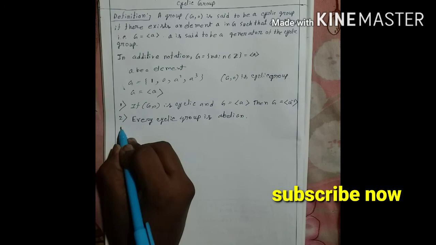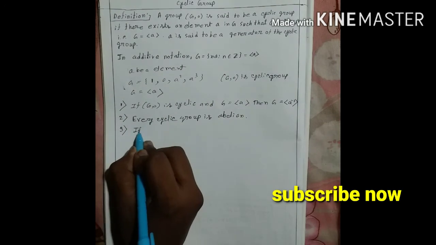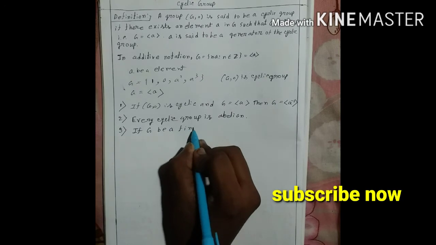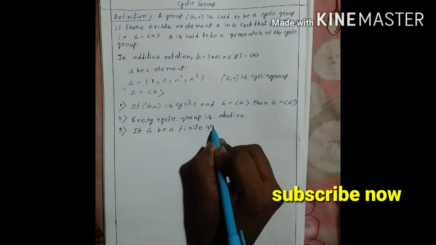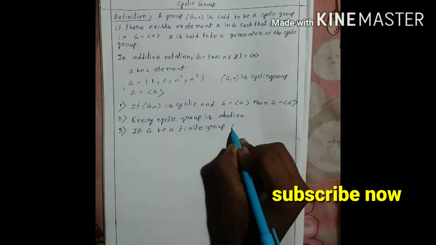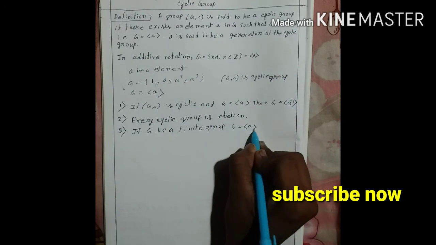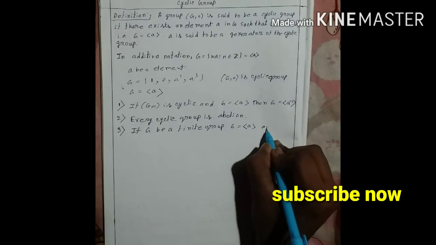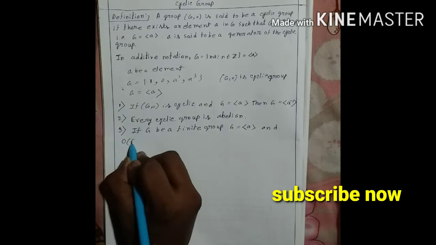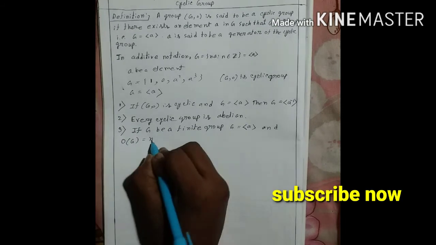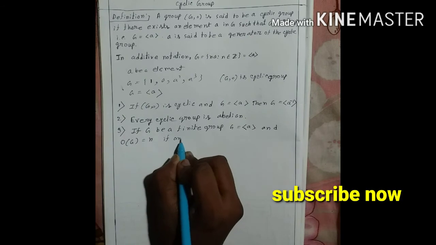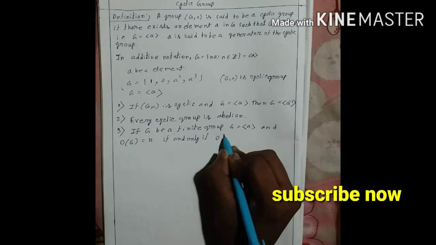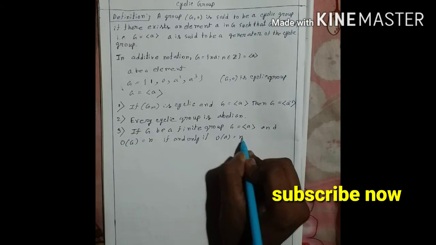Third, if G is a finite group generated by a, these symbols denote generator, then order of G is equal to n if and only if order of a is equal to n.